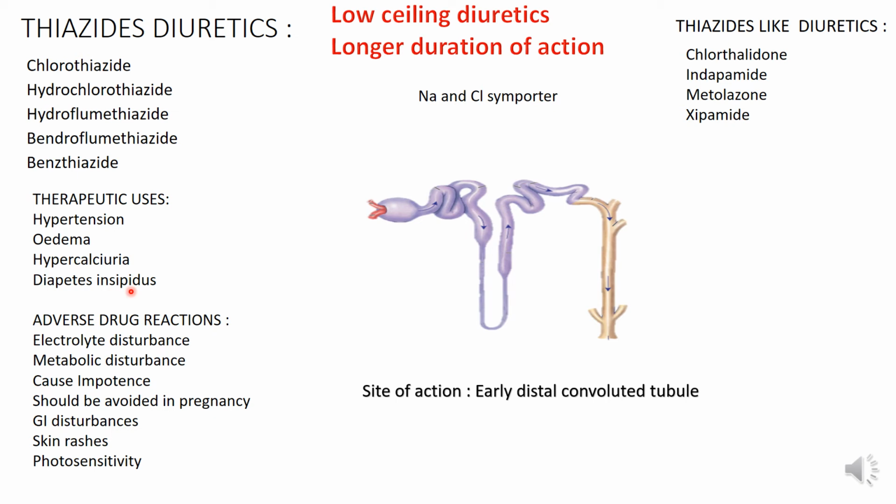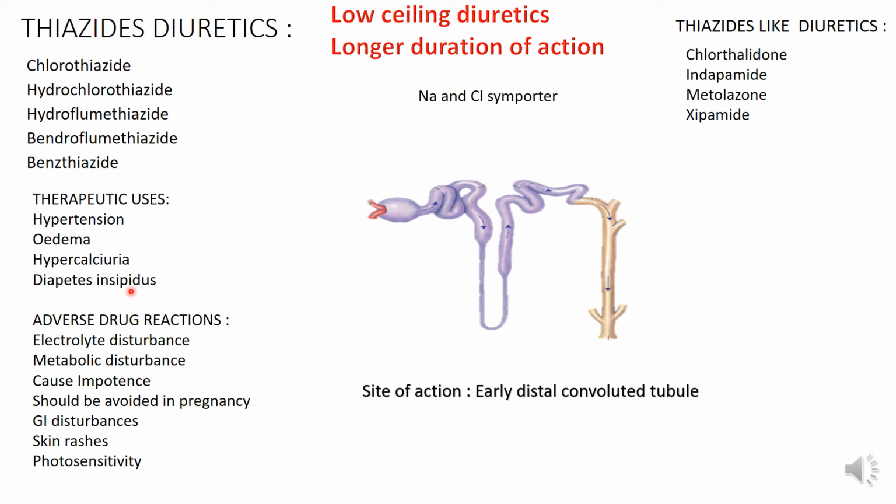So how can it be that in diabetes insipidus there is a large amount of volume excreted in urine, and in thiazide there is also excretion of a large amount of urine? The point is that compared to the volume excreted in diabetes insipidus, there is lesser volume excretion with the thiazide diuretics. So it prevents the loss of a large amount of volume as water. In this way they treat diabetes insipidus.